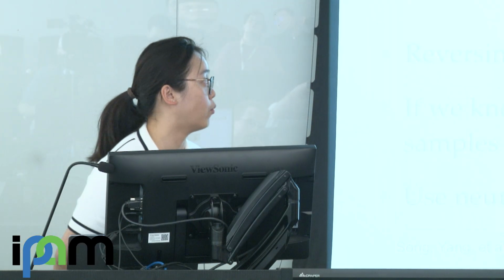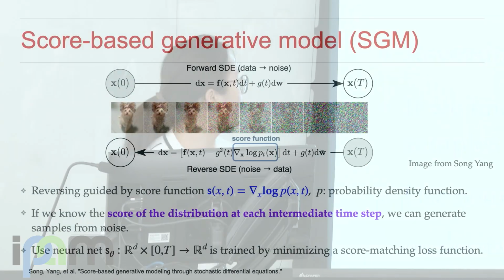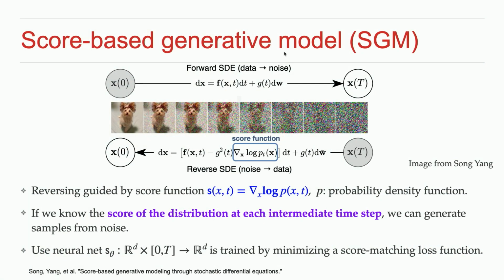But score-based generative models are something more than that. As written down here, the forward process is basically a forward SDE, where you add noise to the clean data until it's purely noise. For the reverse process, we do more than just reversing a heat equation; instead we run a drift-diffusion reverse SDE with a drift.